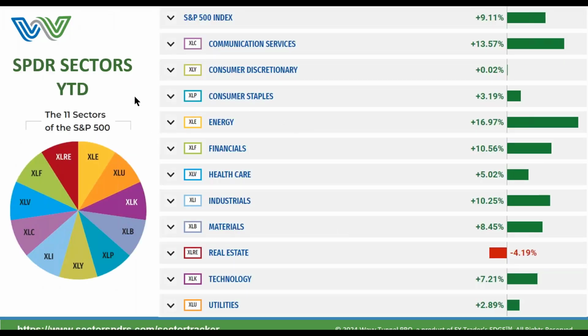So this is a website that I like to look at, sectorspiders.com/sector tracker. You can write it down. This is the year-to-date returns. I took this 2 days ago, and I decided not to update it today because I spent a lot of time 2 days ago taking screenshots of all of this.